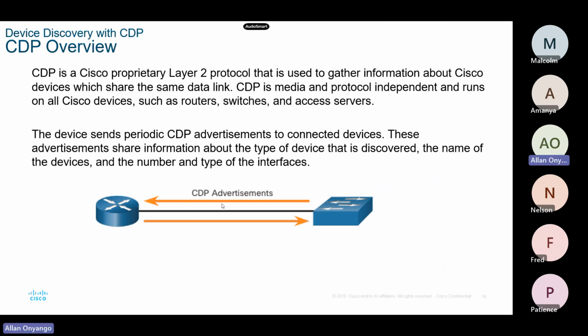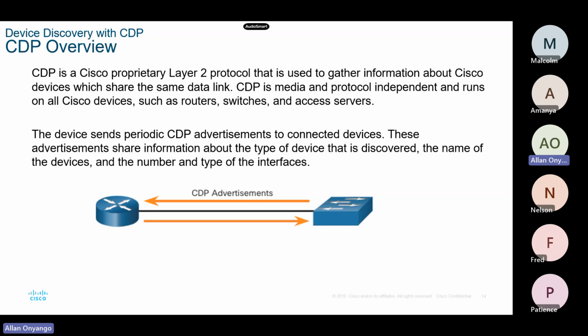And when you say, for example, show CDP neighbors, you are going to learn that from one of the devices, let's say this router, you will learn what the IP addresses are, what the types of interfaces are, what the names of the devices within the network are. So it will basically be mapping and giving you information about other Cisco devices available in the same network, okay?